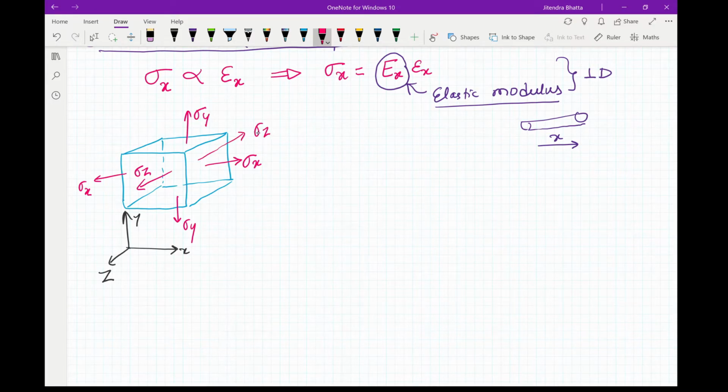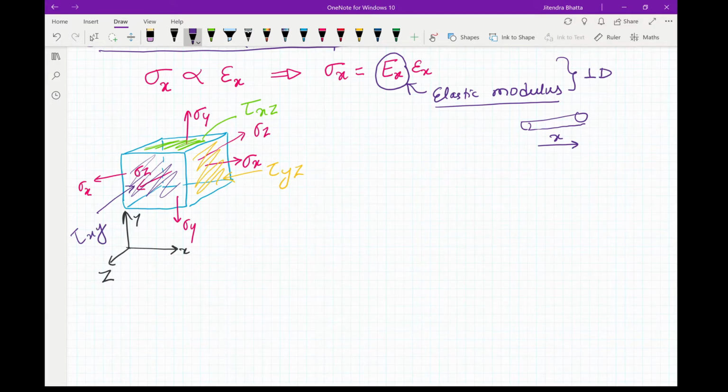Now these are all normal stresses, and also you'll have stresses acting on this surface, which will be denoted by tau xz, and on this surface denoted by tau yz, and on this surface here, which will be denoted by tau xy.